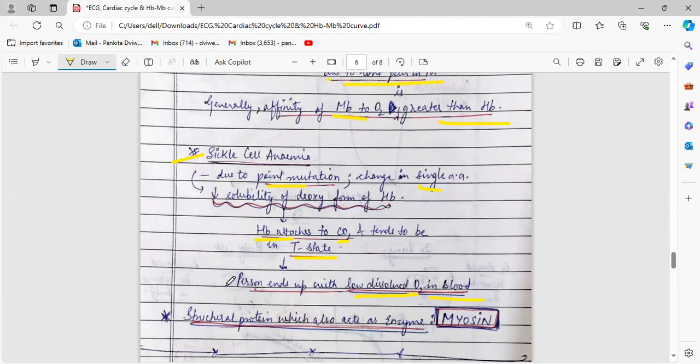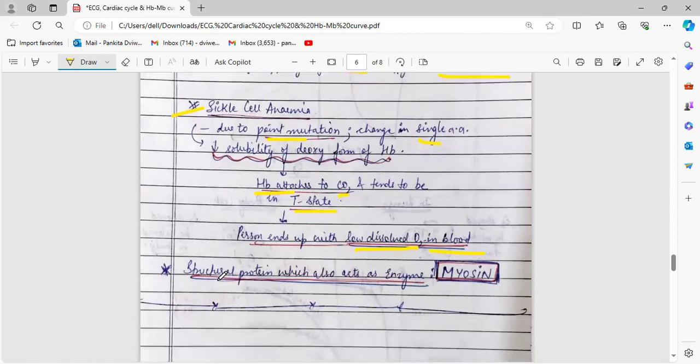That's the condition of sickle cell anemia, in which, because of a point mutation, the solubility decreases, hemoglobin is attached to carbon dioxide, remains in the T state, and is in the deoxy form. The person with this condition will not have a proper amount of dissolved oxygen in the blood.